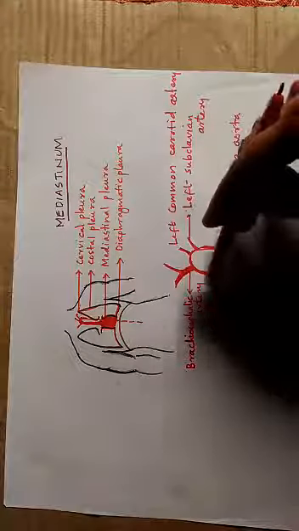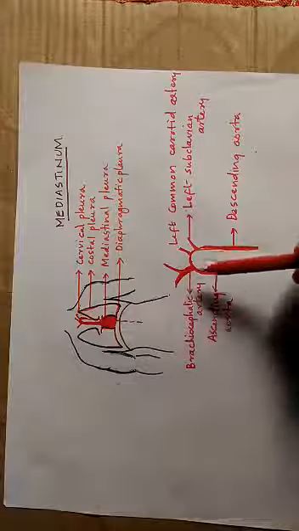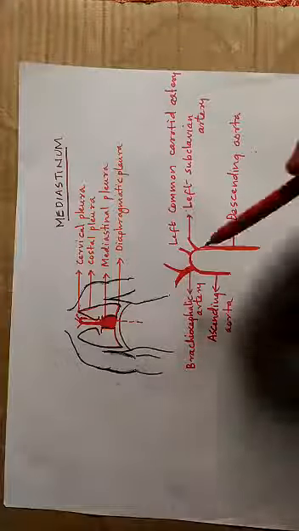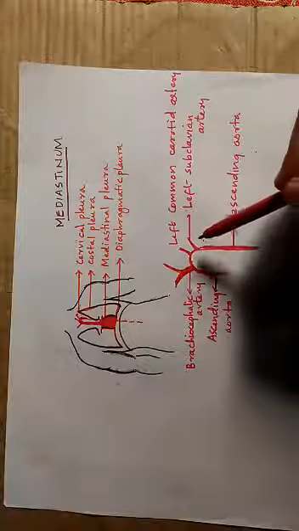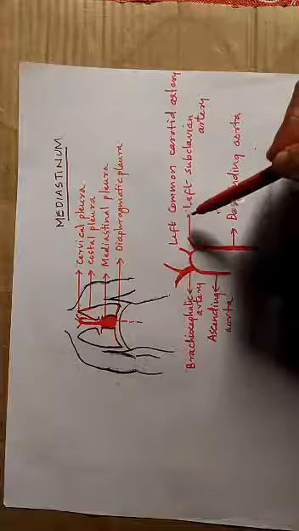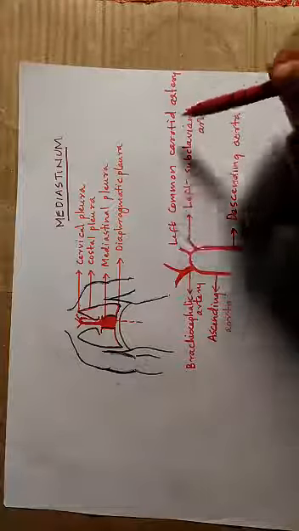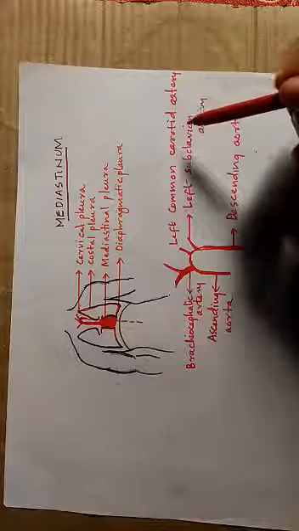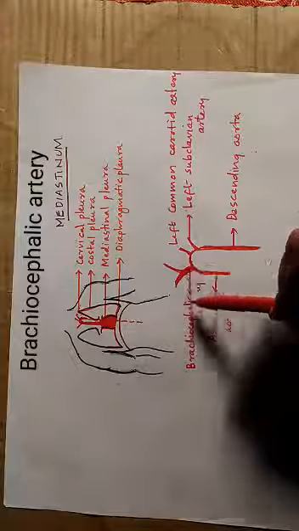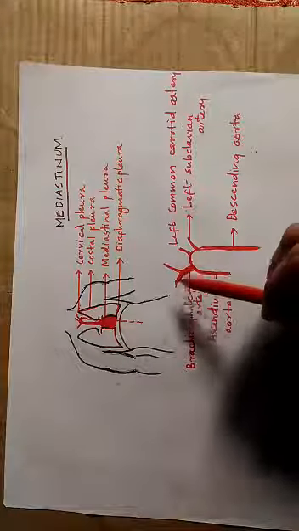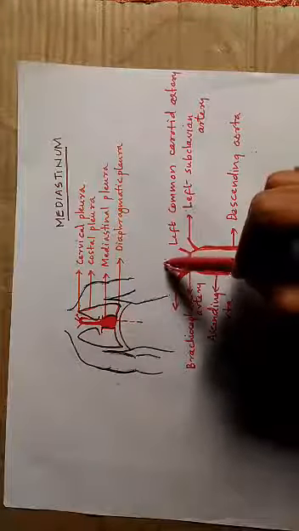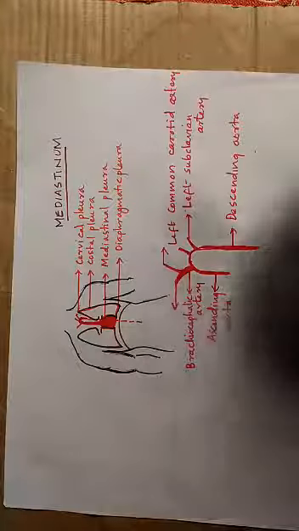So this is the ascending aorta, this is the arch of aorta, and this is the descending aorta. The branches of the arch of aorta are, for the left side, the left subclavian artery and the left common carotid artery. On the right side, there is the brachiocephalic artery, which further divides into the right subclavian artery and right common carotid artery.